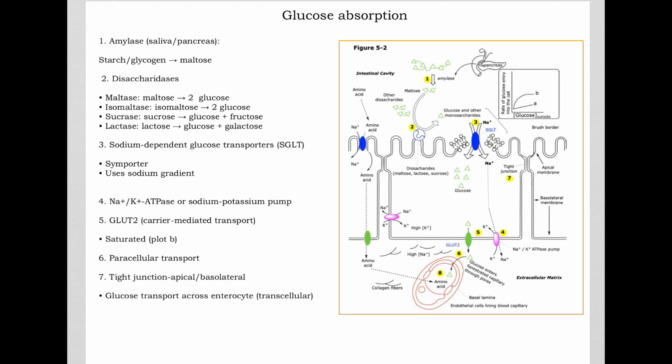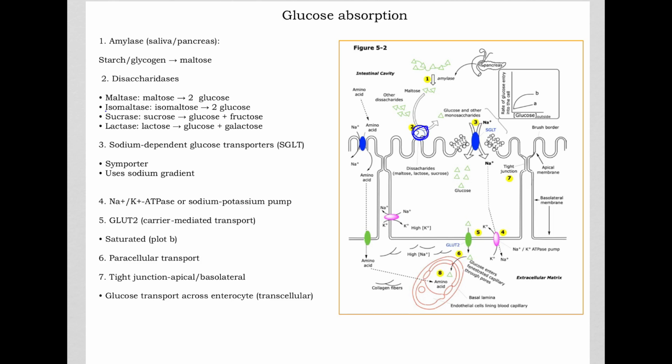In the small intestine, we have these enzymes that are located on the surface of enterocytes. These enzymes are called disaccharidases, and the disaccharidase called maltase will break down the maltose into glucose. Other disaccharidases are also present on the surface of the enterocytes.